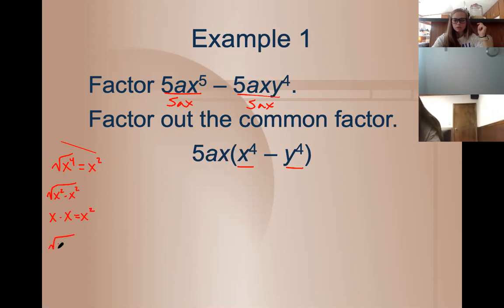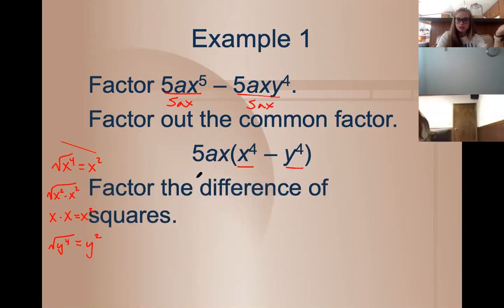So the square root of y to the fourth power, I don't have to do all the work again. I know that the square root of x to the fourth is x squared, so therefore the square root of y to the fourth is y squared. Hey, those are perfect squares. So I can factor the difference of squares.